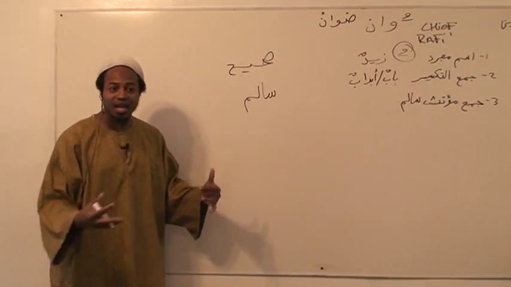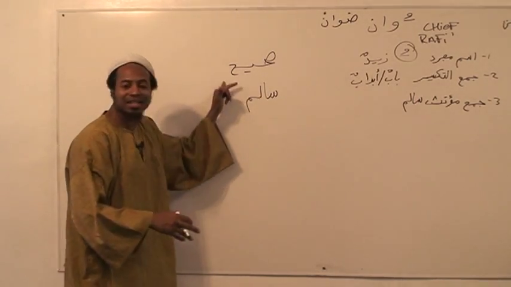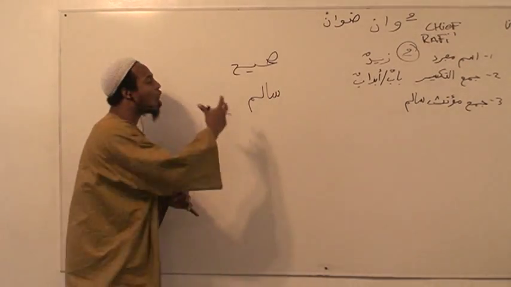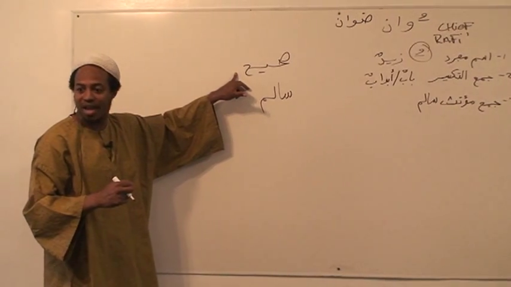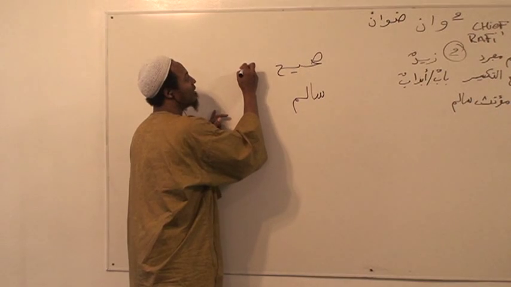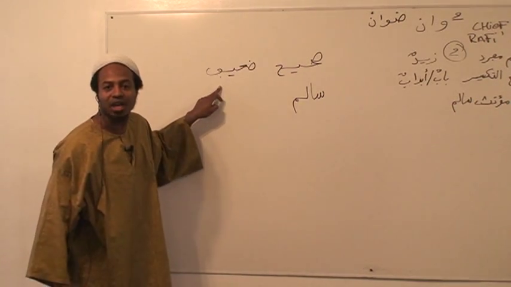You know what I'm saying? But what these two concepts mean amongst the Arabs is that there are no problems with this hadith, right? No illah, no weaknesses to make it da'if. When we have a problem with a hadith, we say it's da'if, it's weak.